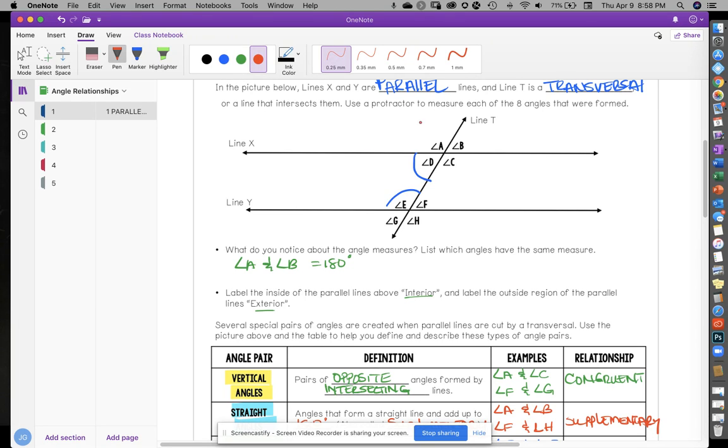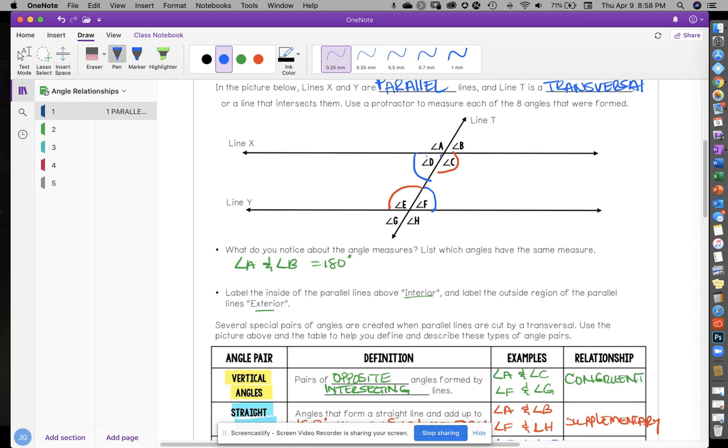And then you also have angle C. Sorry, I meant to say D actually gets paired up with F. I highlighted E and I said F. So there we go. If you see, they're alternating angles.